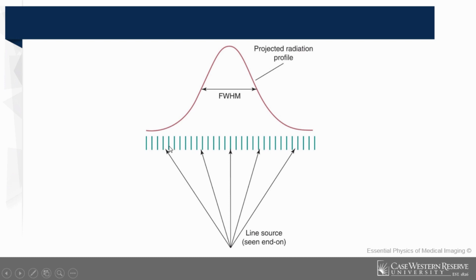Towards the edge, because of the angle, these gamma photons will be stopped by the septa. So you have less signal. Instead of one point, you have a profile, the so-called point spread function or line spread function, to describe the spatial resolution. FWHM stands for full width at half maximum, and defines the spatial resolution.